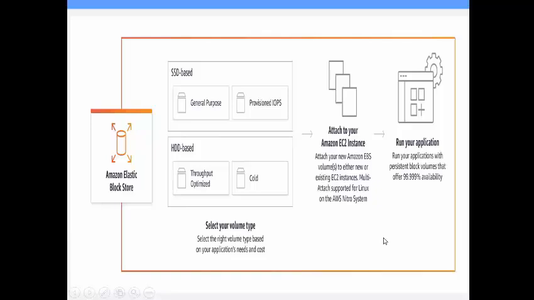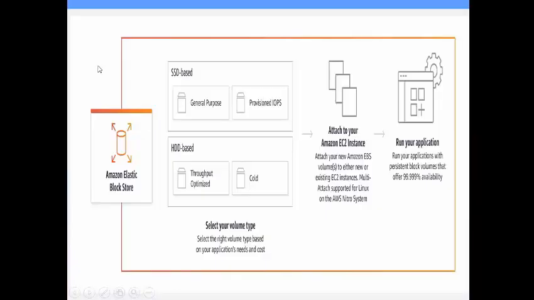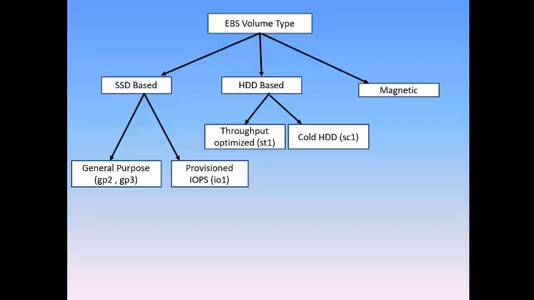I have already discussed this, no need to repeat it again. So this was the difference between the types of volumes, SSD, HDD, magnetic. We have discussed all of them one by one.